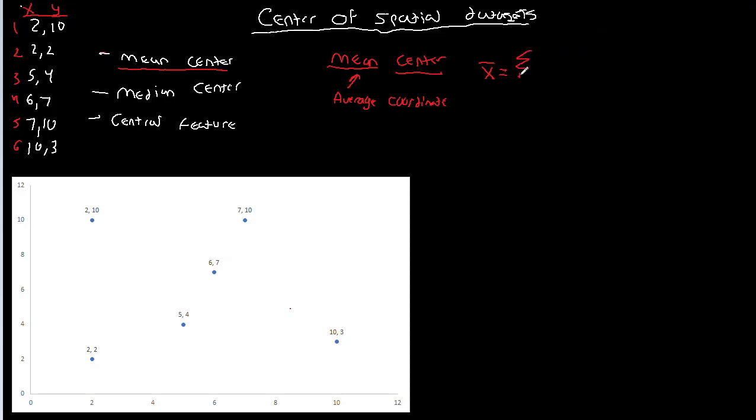So it's going to be the summation of i equals 1 to n of x sub i, divided by n, where this summation of i equals 1 to n of x sub i is just adding up all of the x coordinates for all of the points in our data set. And then this n is going to be the number of points.